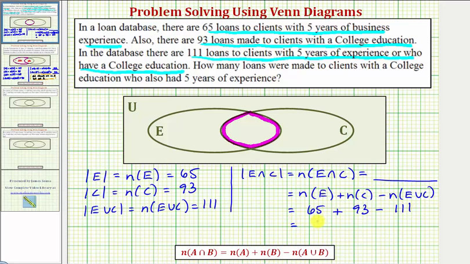So this gives us 65 plus 93, which is equal to 158, minus 111, which equals 47. So there are 47 elements in the intersection of set E and C, which means 47 of the clients have a college education and 5 years of experience.